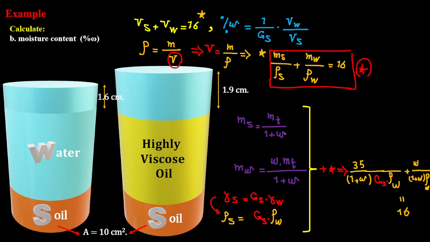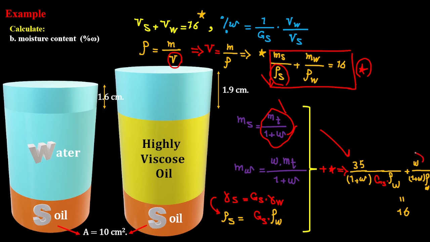Ms is Mt over 1 plus w, over rho s, and we replace this part and this part in the equation, plus Mw, that is the moisture content times Mt over 1 plus w.